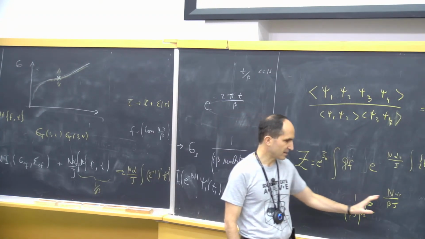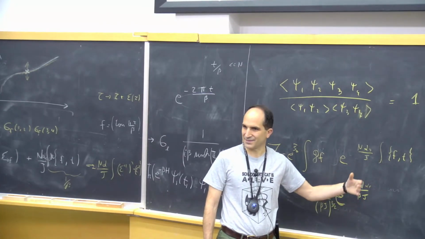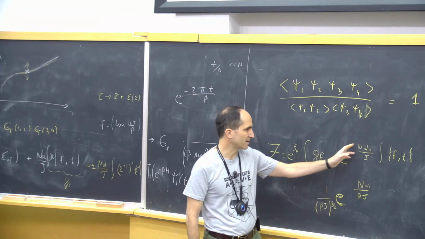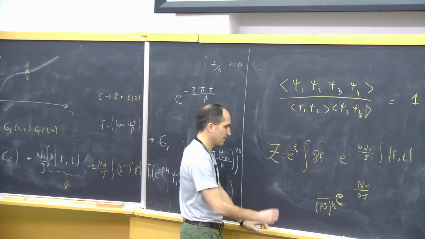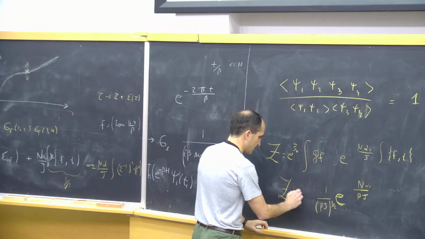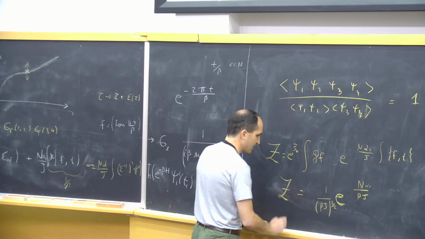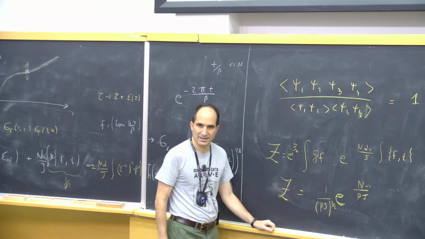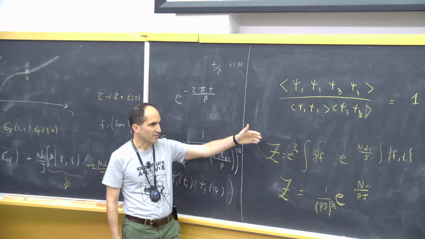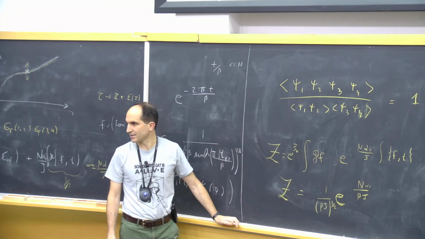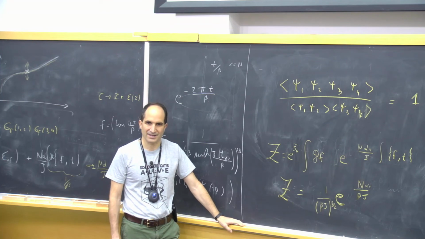And then there are no further corrections. All other higher order terms in the expansion in terms of this coupling are not present. And we get this answer. So Douglas Stanford and Ed Witten discussed how to get this using some form of localization. And there were also other authors getting it in different ways.